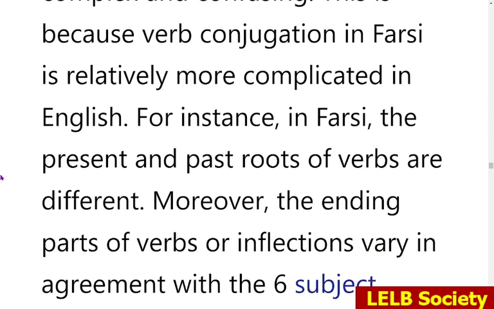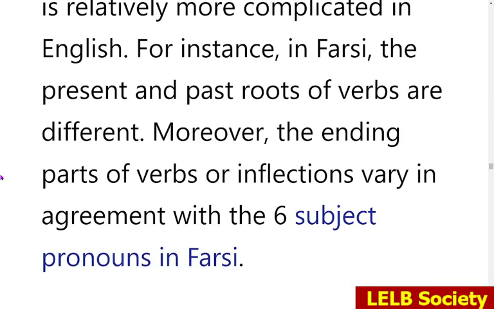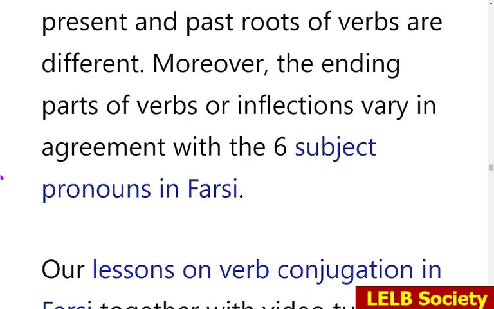For instance, in Farsi, the present and past roots of verbs are different. Moreover, the ending parts of verbs or inflections vary in agreement with the 6 main subject pronouns in Farsi.